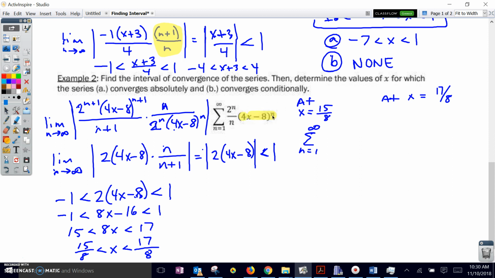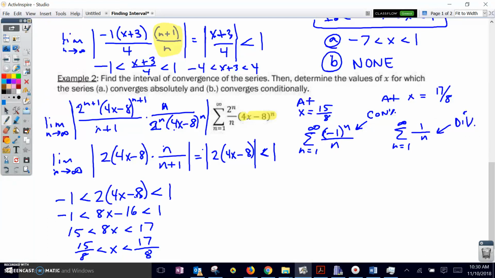If I multiply -1/2 to the n times 2 to the n, this simplifies to -1 to the n over n. And if I put 17 over 8 in here, this simplifies to 1 over n. This converges by the alternating series test. This diverges because it's a p-series.